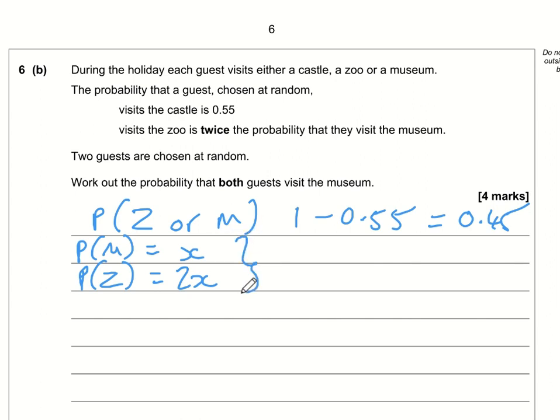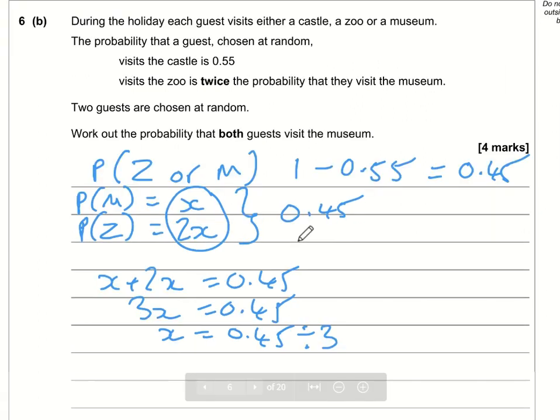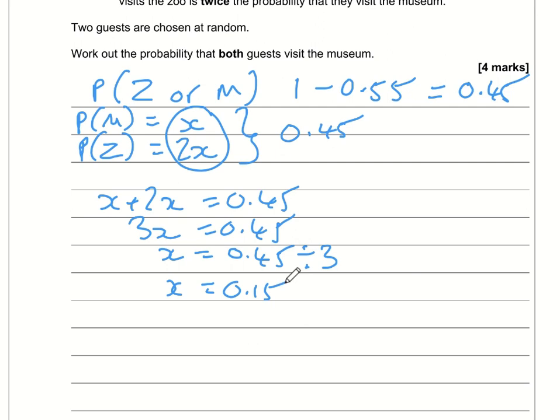And these two probabilities combined come to 0.45. So if I add these together, X plus 2X, that equals 0.45. So therefore 3X is 0.45. So therefore 1X is 0.45 divided by 3. So therefore X is 0.15. So the probability of going to a museum is 0.15.